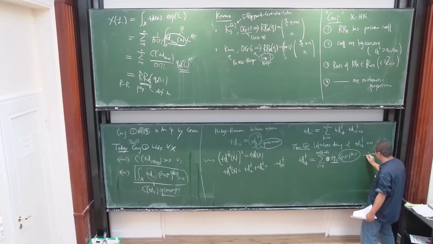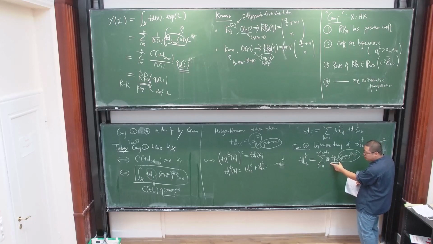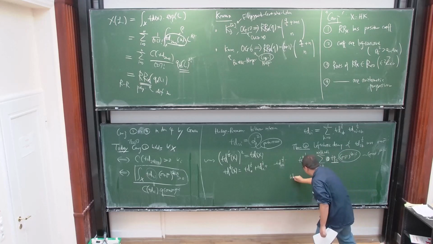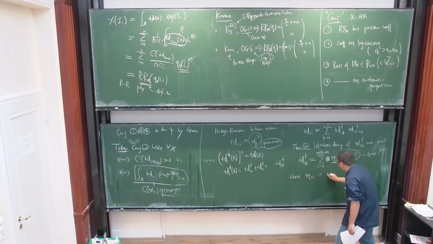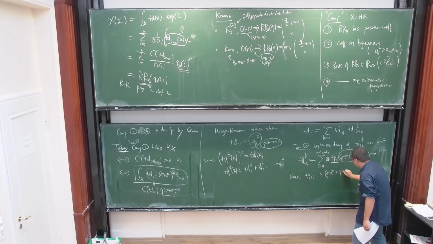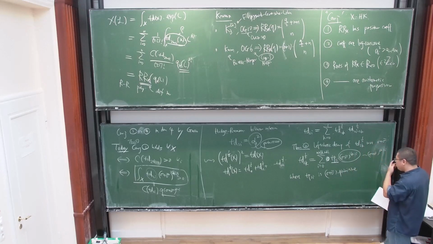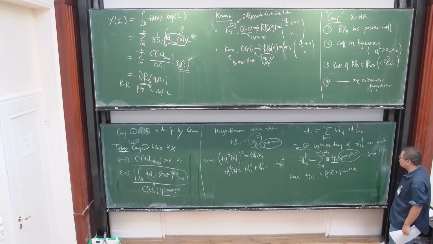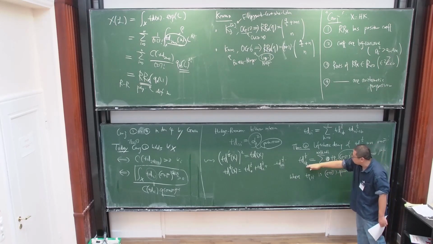Somehow these two are equivalent, and this is the primitive part we are looking for, where this TP2I is sigma plus sigma bar primitive.